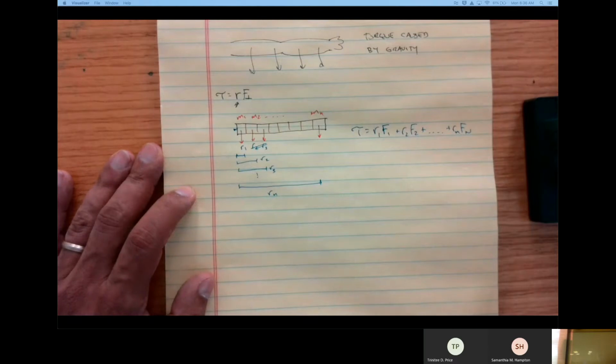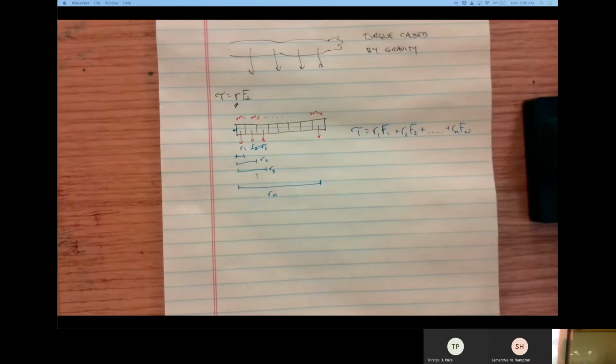Now, the number of segments, you can have a lot of segments. The smaller the segment that you're going to have, the more precise your result is going to be. The bigger your segment, well, the less accurate, but the faster you're going to do it.